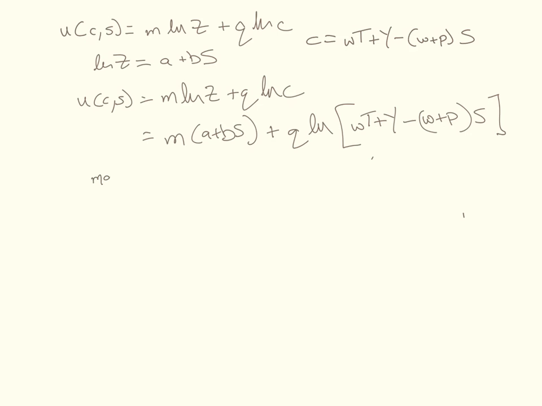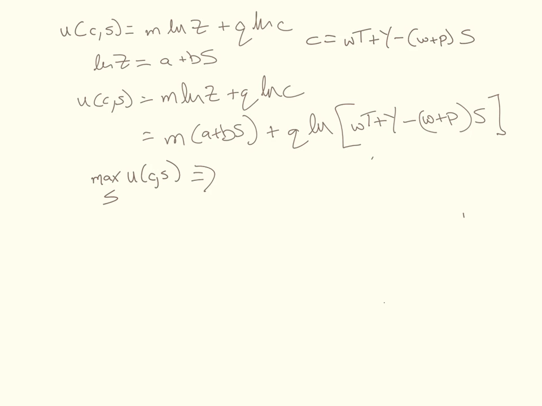So max U of C,S by choosing S. It's the same as then differentiating all of this equation with respect to S and setting that equal to 0.